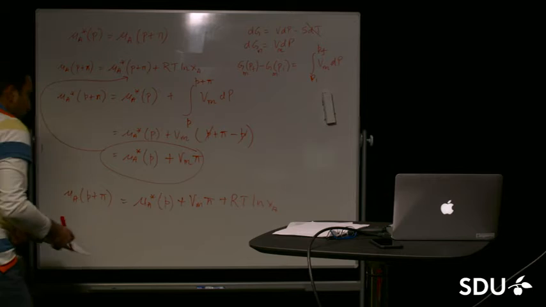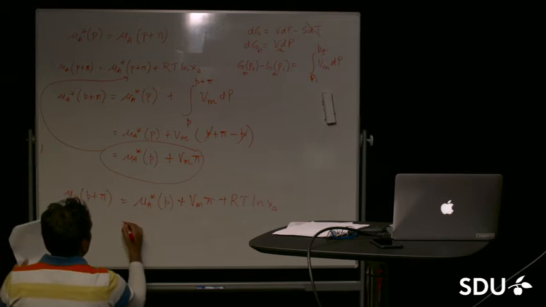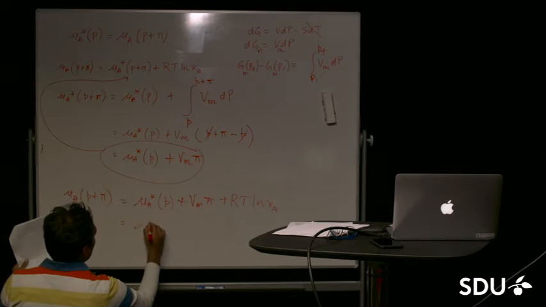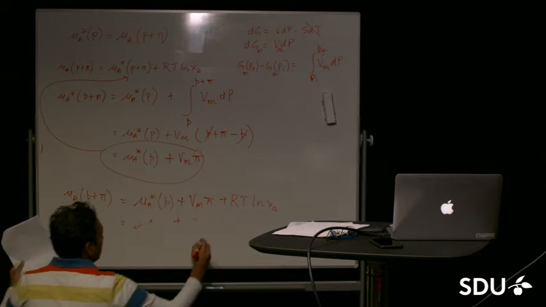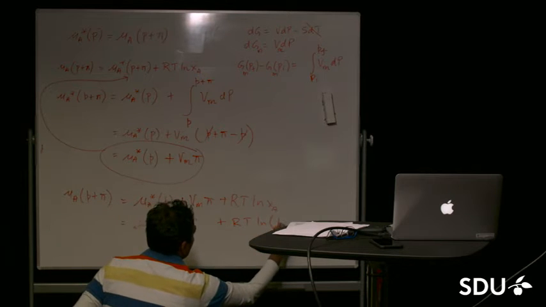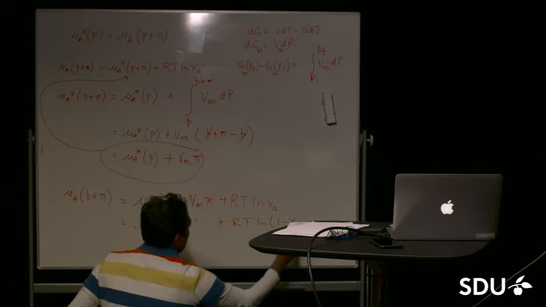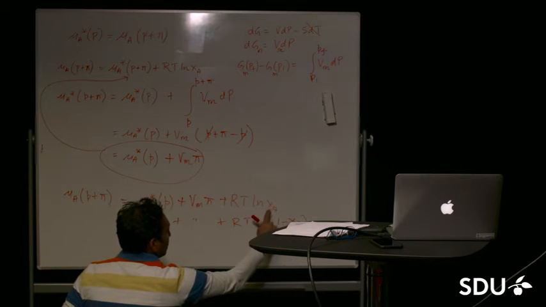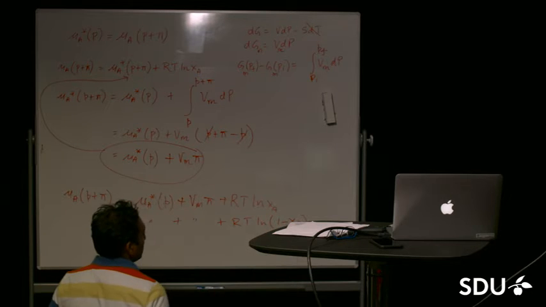And now we are going to use some nice mathematical tricks. So these two terms remain the same, but I can write the last term as log of 1 minus XB, because the sum of the mole fractions of the solvent and the solute must be equal to 1.